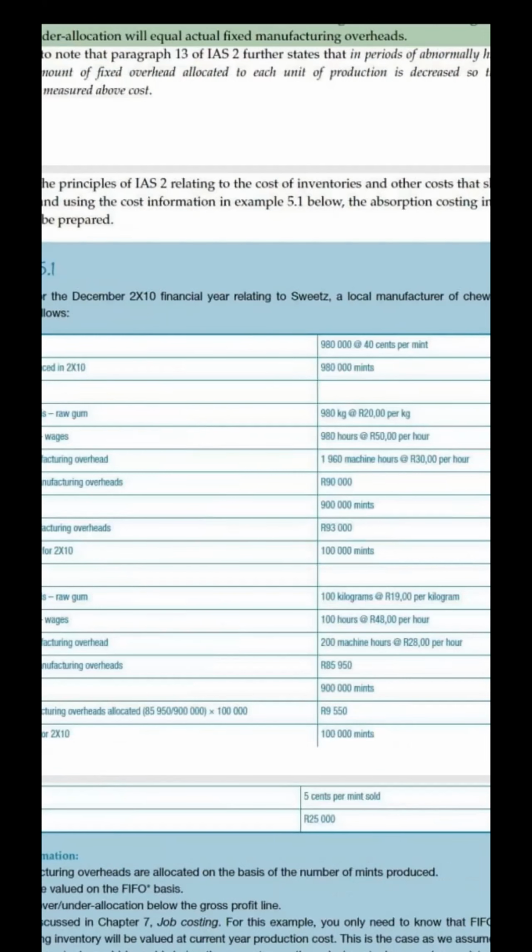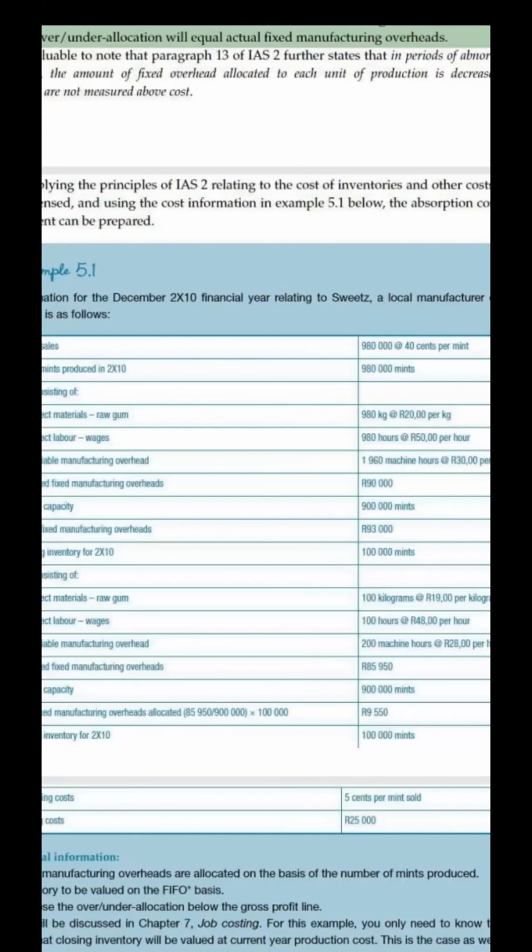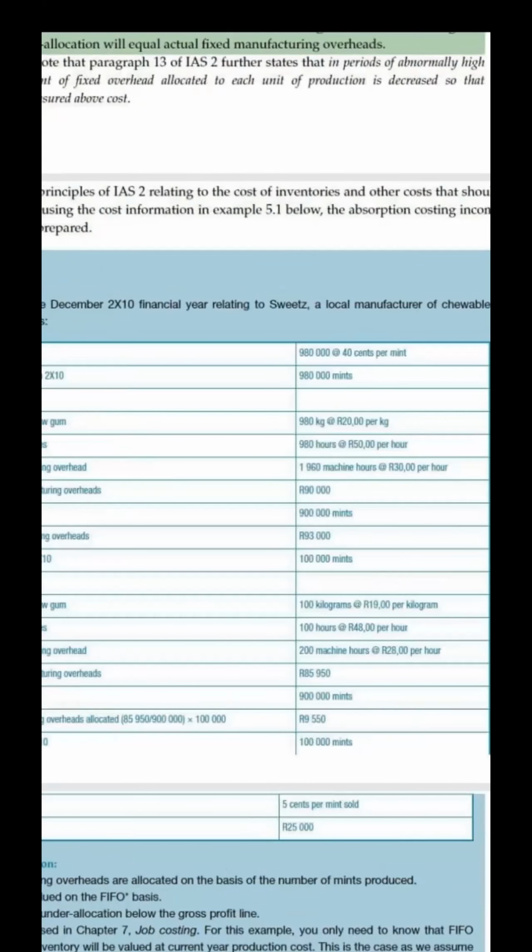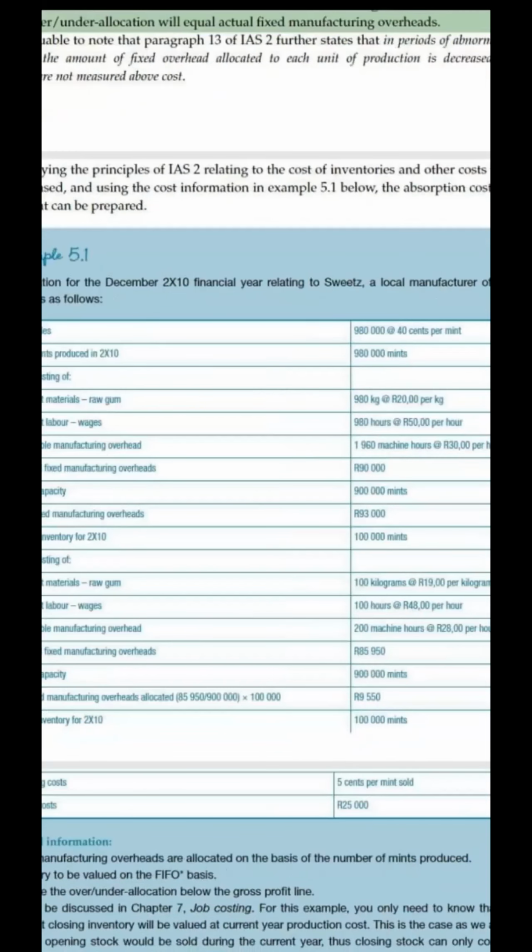In this instance, we are told that it varies per machine hour. The information is that 1,960 machine hours were used to manufacture 980,000 units, and the cost of those overheads is estimated to be 30 Rand each.